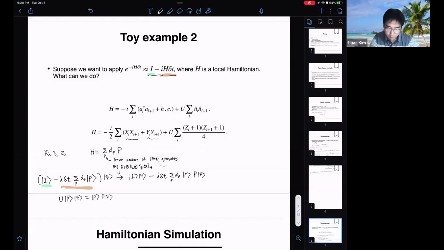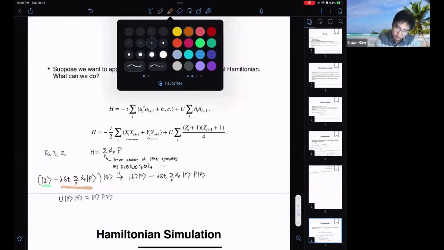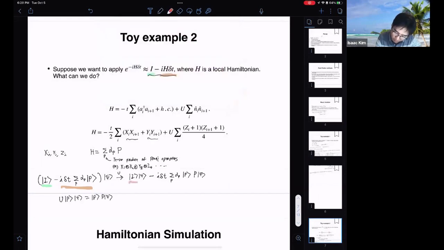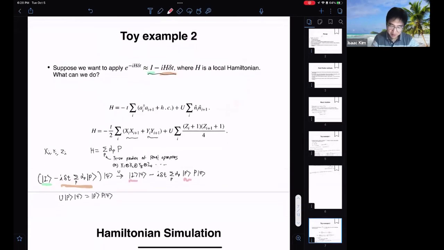And then you would measure this first register in the uniform superposition basis. If you measure the uniform superposition state, then you succeeded. But if you didn't, then you fail. And this is not a great method, but it does the job.